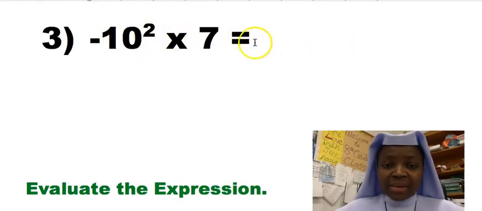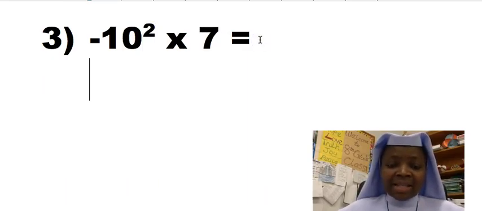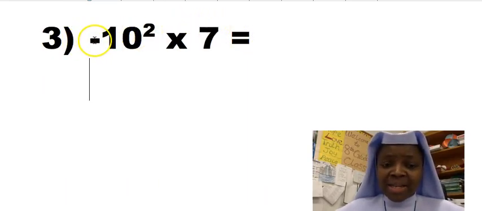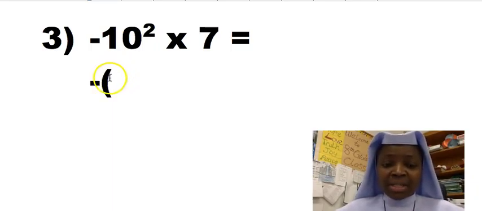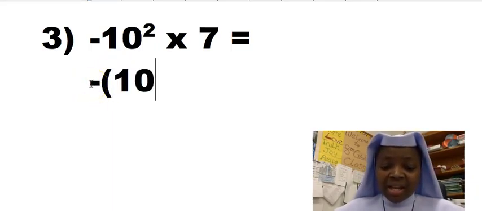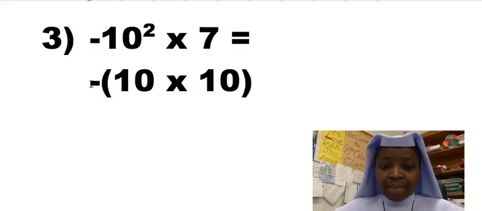Negative 10 squared times 7. Now, unlike the last problem we solved, where the negative is inside parentheses, this one, the negative is not inside parentheses. So this square goes for 10 only. So you could write this as, put the negative outside parentheses, and then you do 10 times 10, and then times 7.